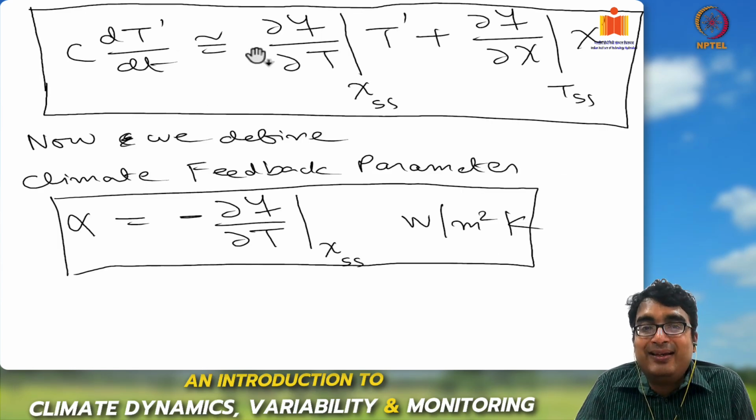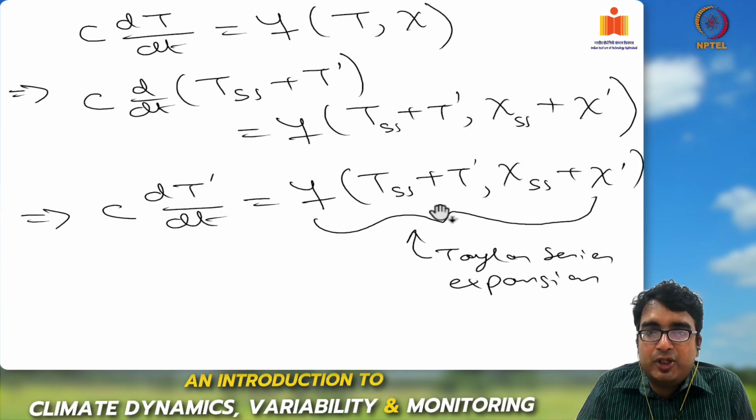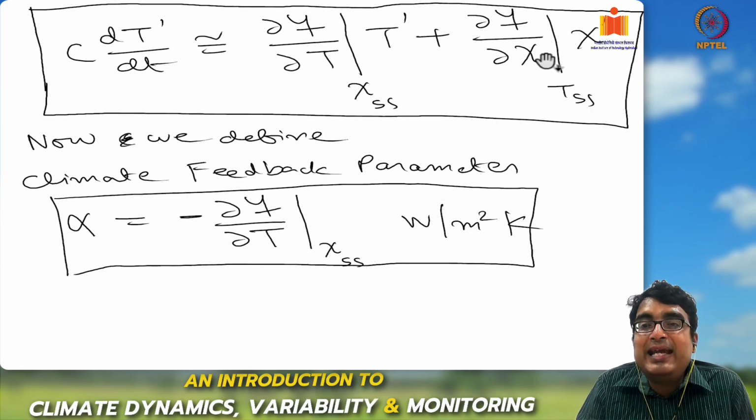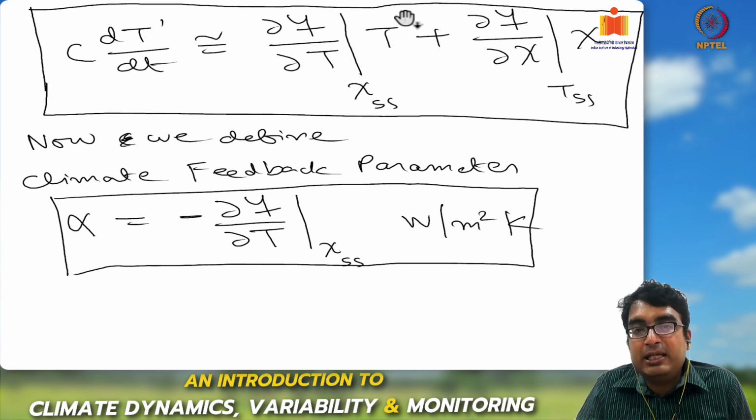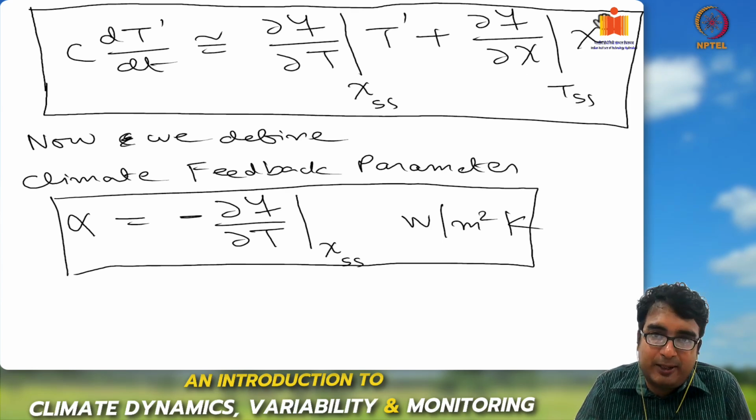So if we do a Taylor series expansion and we take only the first derivative of this functional term with respect to T and X, then we get this expression here. So C dT prime/dt equals del F/del T at the steady state greenhouse gas concentration X_SS times the perturbation temperature T prime, plus del F/del X at the steady state temperature T_SS times the perturbation in the greenhouse gas concentration X prime.